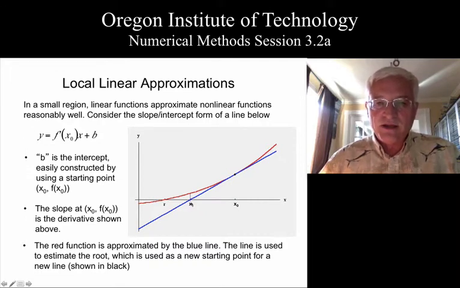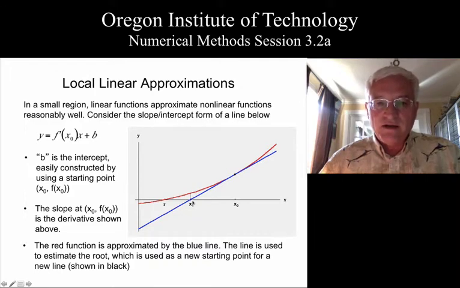Straight lines aren't hard to manage. We will call that value x1 as being our next approximation of where this root actually lies, which we're calling r.